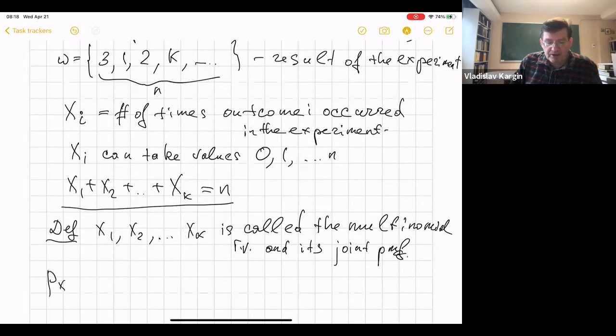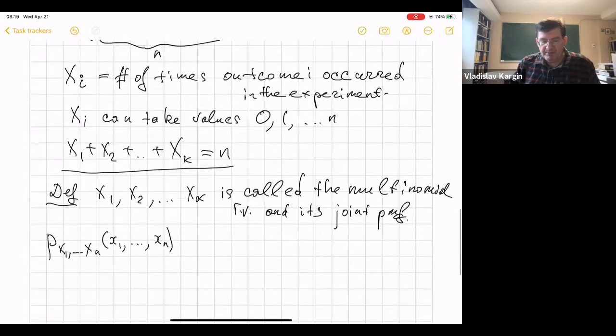It's p of x1 up to xn, and it depends on n arguments. This is the probability that random variable x1 takes value x1, and so on, the probability that random variable xn takes value xn.